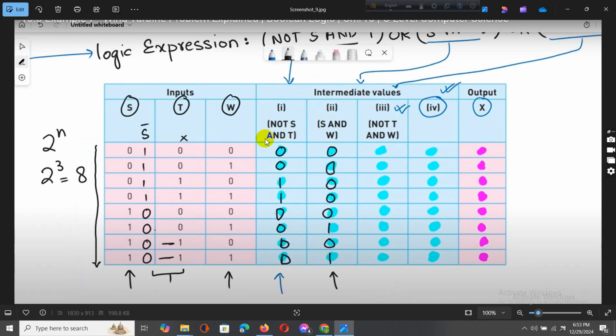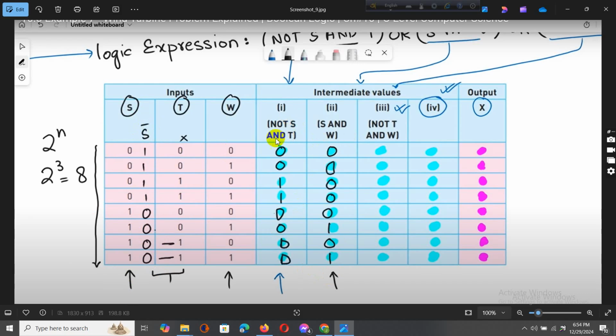First, from the first logic expression we see NOT S and T. Since it is a NOT operation, we have to invert all the values of the S column. So 0 becomes 1, 0 becomes 1, 0 becomes 1, 0 becomes 1, 1 becomes 0, 1 becomes 0, 1 becomes 0, 1 becomes 0. So we can write this column as S bar.